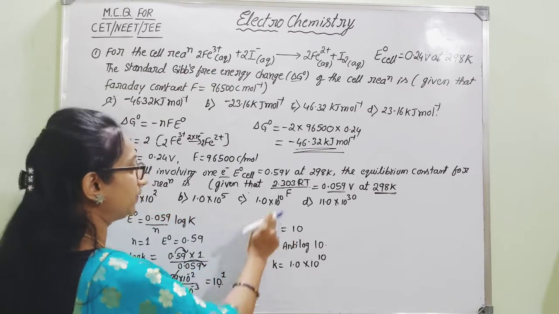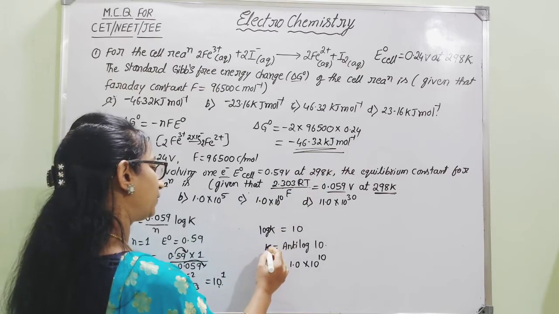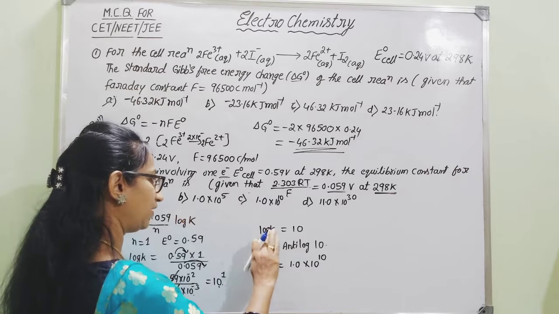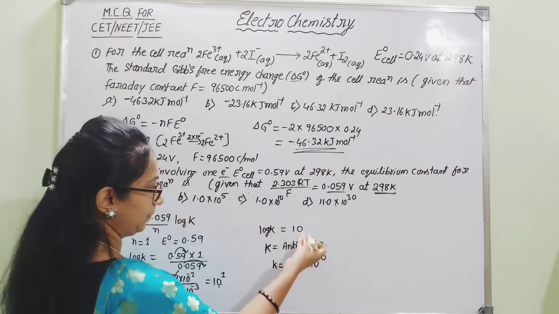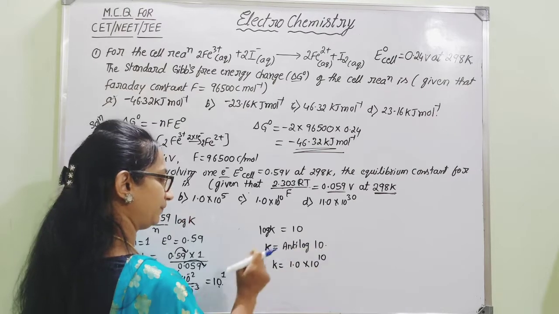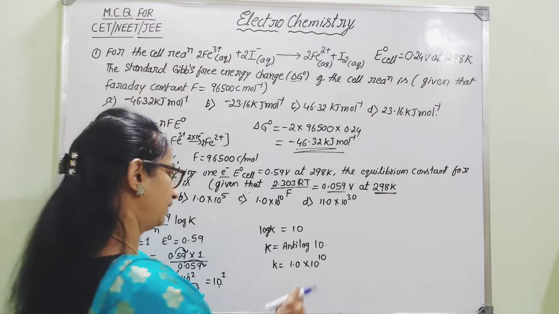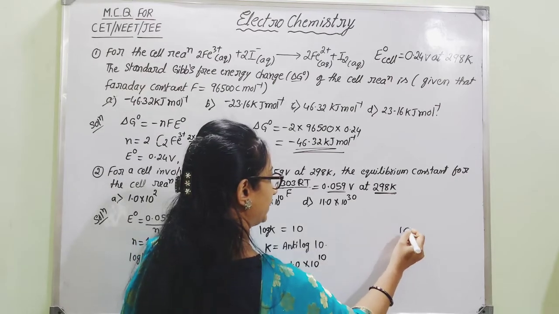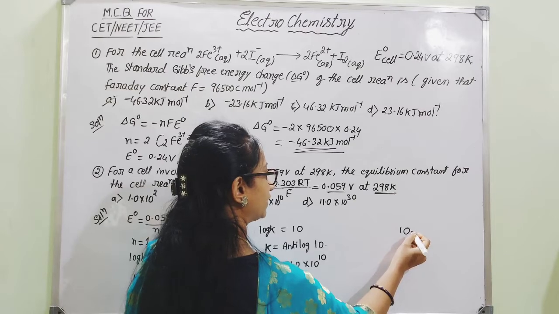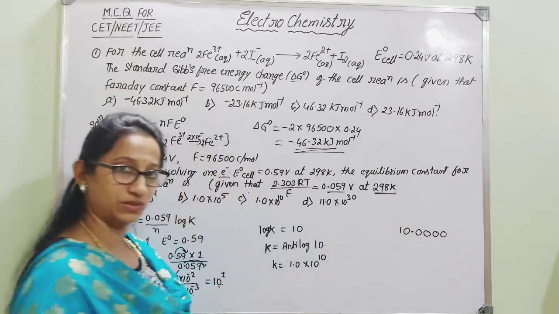But we want the equilibrium constant as mentioned in this question, so we have to find the equilibrium constant K. Then K is equal to, if log is shifted to the opposite side, it becomes anti-log. So anti-log of 10. How do we find the anti-log value for the given number? Let us consider he has mentioned 10. After 10 there is a point, and after the point there are no numbers, so we consider it as 0.